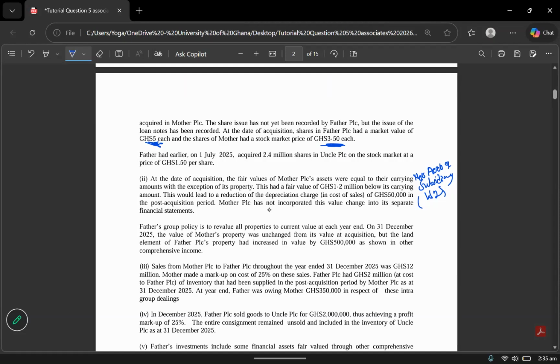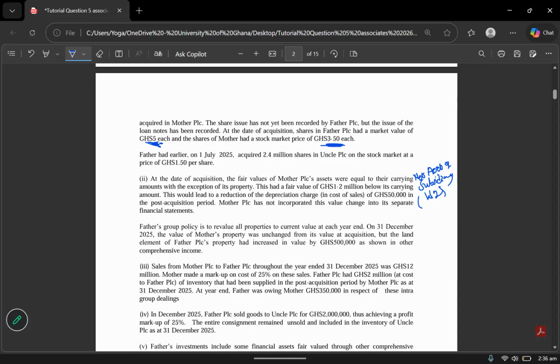So when they checked, the fair values of Mother PLC's assets were equal to their carrying amounts, meaning the value in their books is the same as the fair value when you go to the market. Now, with the exception of its property, what's happening to the property? This had a fair value of 1.2 million below its carrying amount.